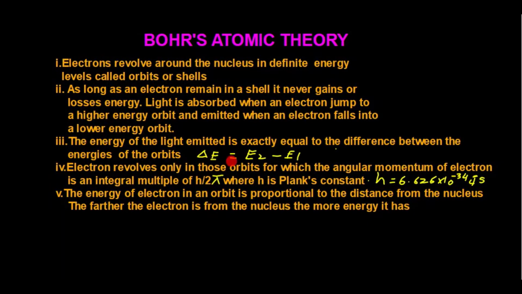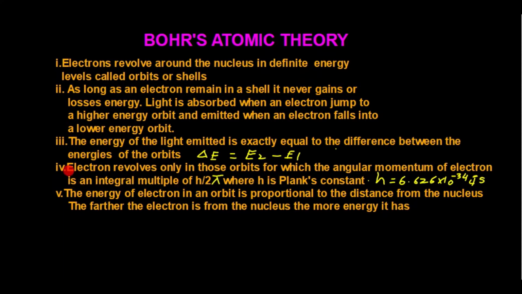Delta E is equal to E2 minus E1. Delta E is the energy difference between any two orbits, while E2 is the energy of the electron in the higher energy level, while E1 is the energy of the electron in the lower energy level. So delta E is equal to E2 minus E1.